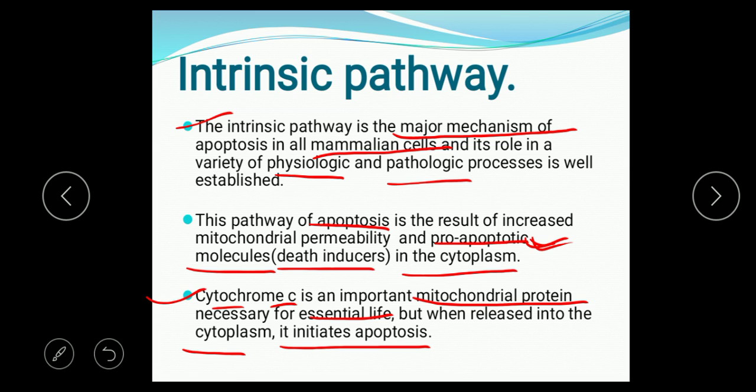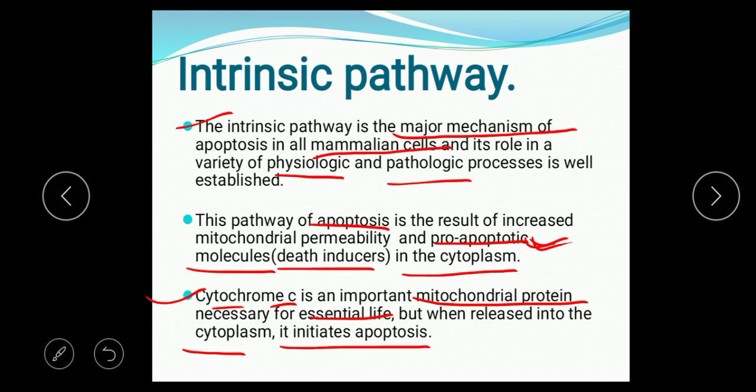But because of certain reasons, whenever cytochrome C is released outside the mitochondria into the cytoplasm, it acts as a toxin for the cell. It should not happen, and if it is releasing into the cytosol, then it is self-understood that the cell must be dying. The cell is preparing for the apoptosis process. Okay guys, this is the basic idea, the basic concept.